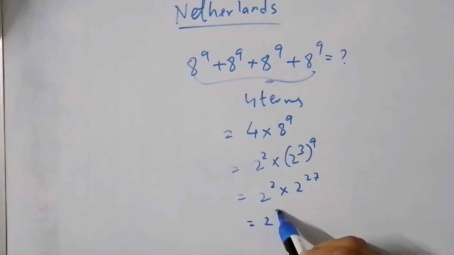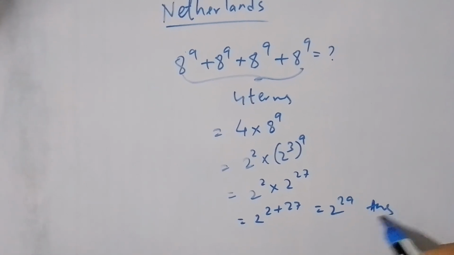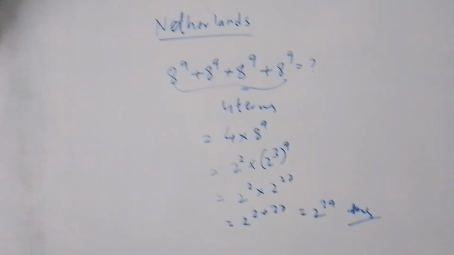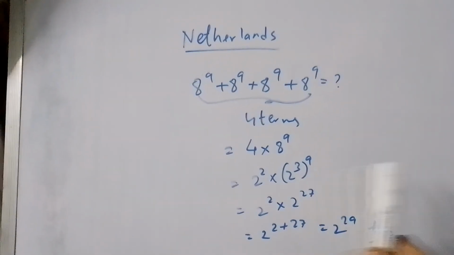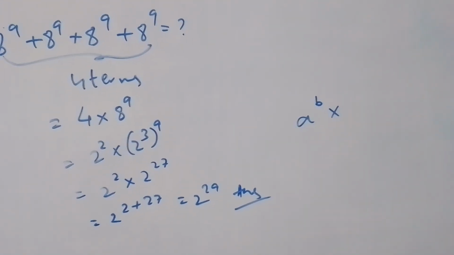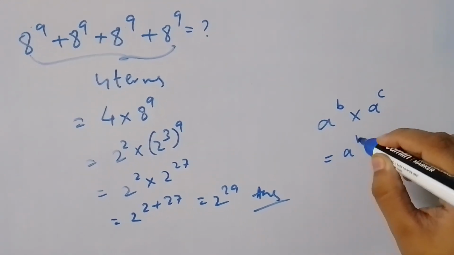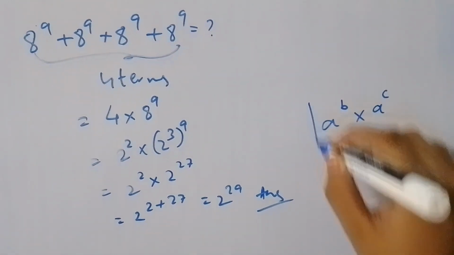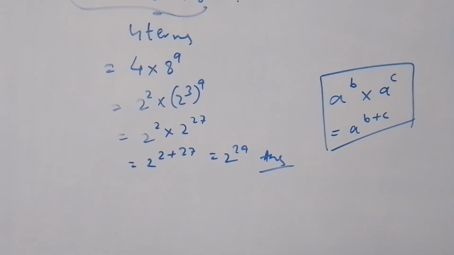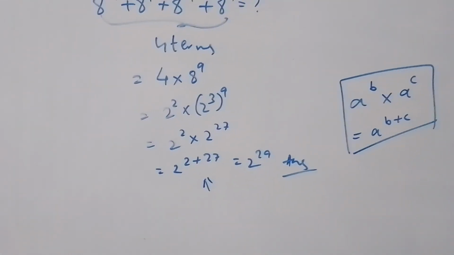So the answer is going to be 2 to the power 29. So this is one rule, that if there is a to the power b multiplied with a to the power c, we can do a to the power b plus c. This is one rule that I've used here in this step.